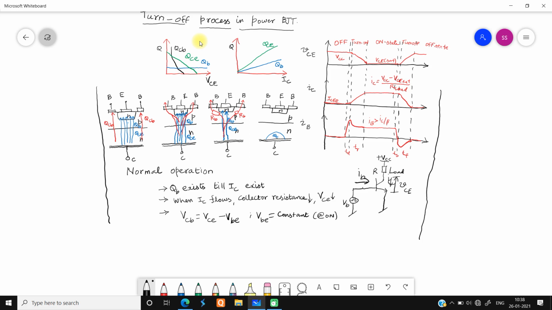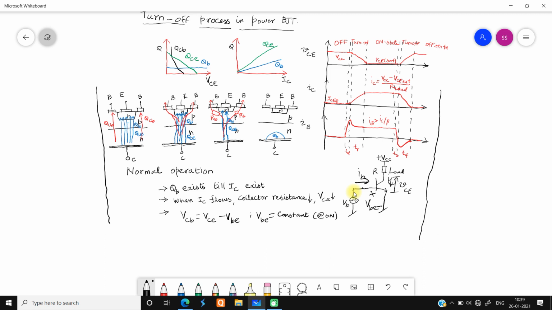That is the charge across the collector and base, the charge across the collector and emitter, and the charge QB. These charges are built up whenever the IB is increased, so the voltage across the VBE is going to be increased.